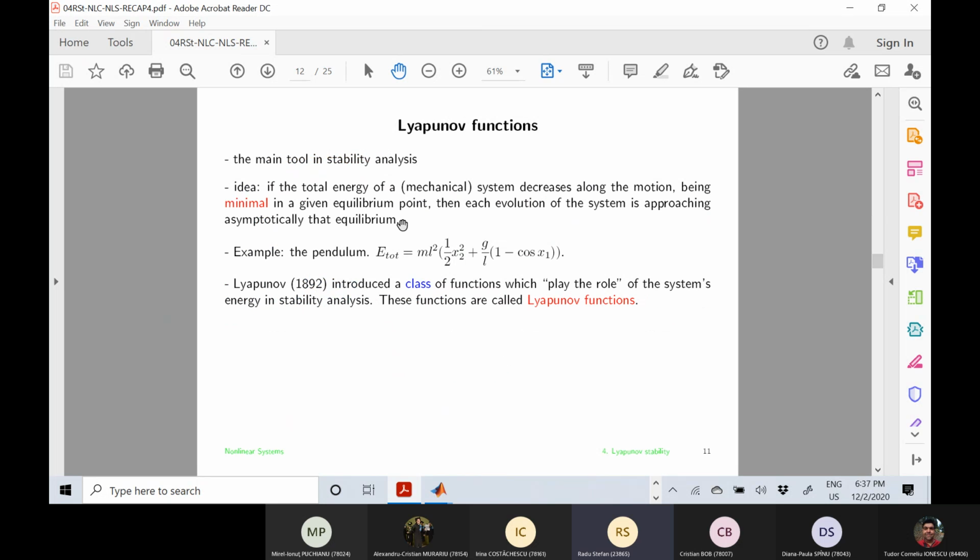The pendulum. This is the total energy of the pendulum, and it works like a Lyapunov function. It's, I would say, one of the best examples to really understand it.